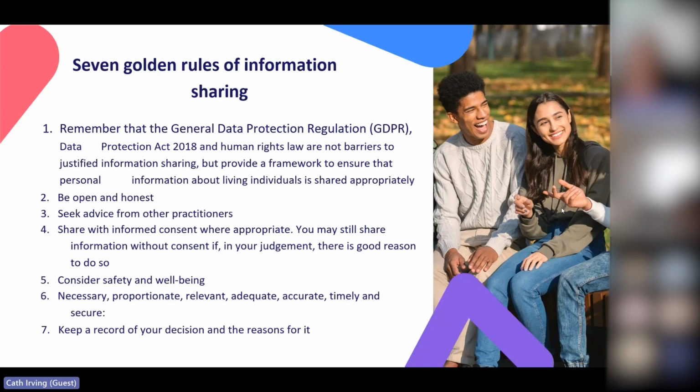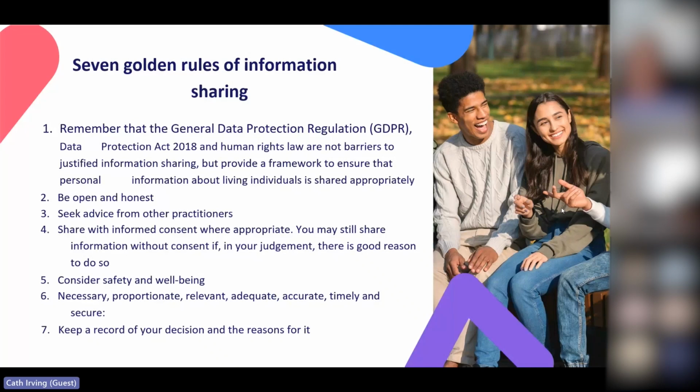So we're informing them that we're sharing their information because it's to protect them or others. And if they don't agree with that, we'll keep a record of their views, because their views are really valid. But if it's to protect them, then it might still need to be shared if there's a good reason to do so. What you're always going to consider is safety and well-being for everyone involved. And if you're making a decision to share information, then you're going to make sure that the information that you share is necessary.